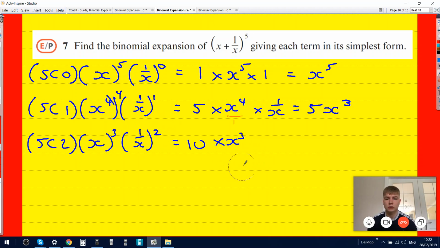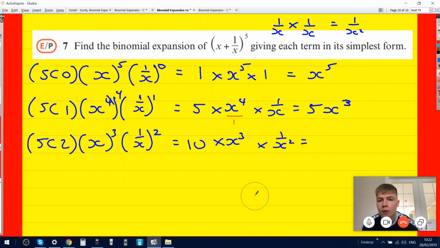What's 1 squared? 1. Basically it's 1 over x times 1 over x. Oh, right. So 1 over x squared. So that was 10x. Yeah. Next one.